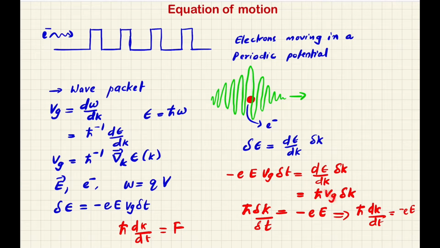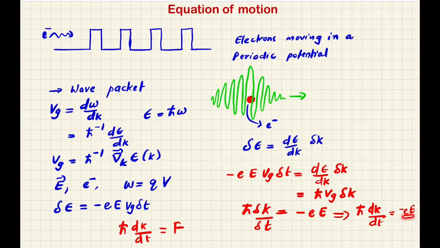You remove the common term, and finally you will get h cross delta k by delta t equal to minus eE, which is basically h cross dk by dt equal to minus eE. This is very familiar. It is in the form q times E, which is basically the force acting on a charged particle in an electric field.